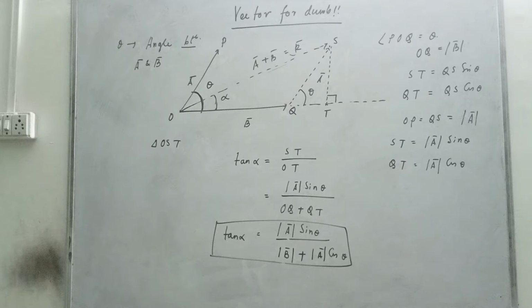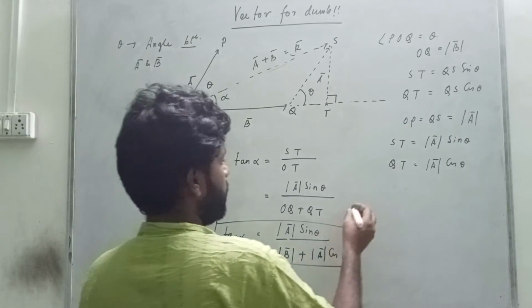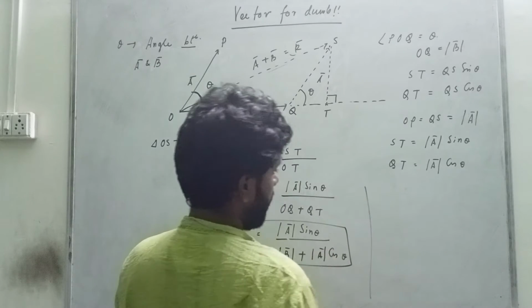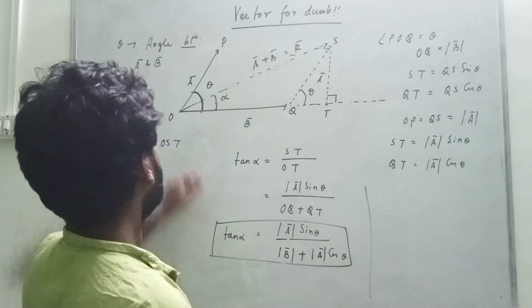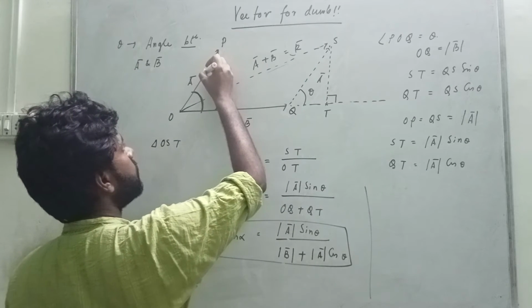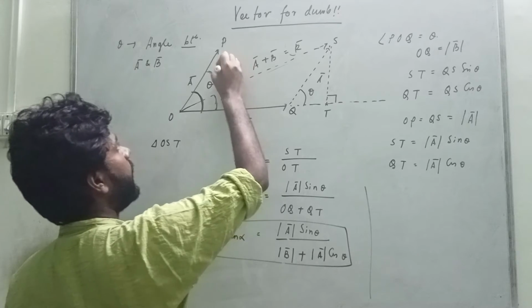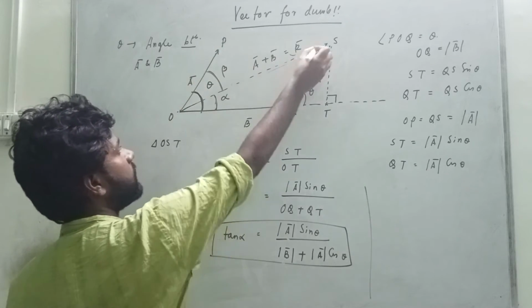Okay, so these are the angle between A plus B with B. And obviously if I want to calculate the angle between A and A plus B, take the name beta, the angle between A and A plus B.